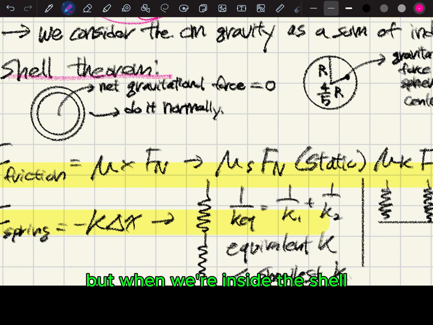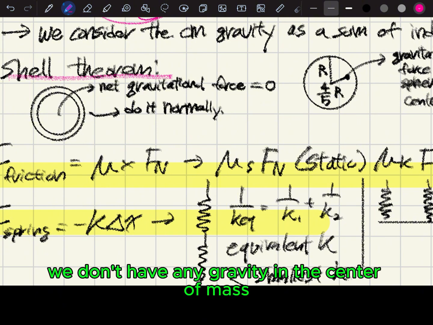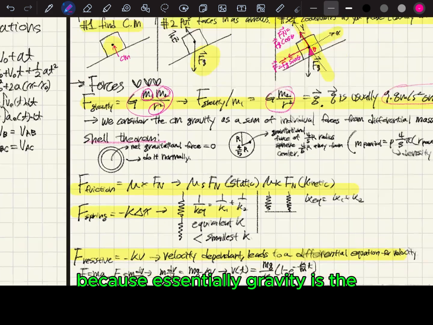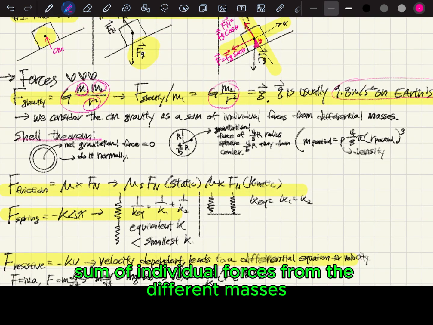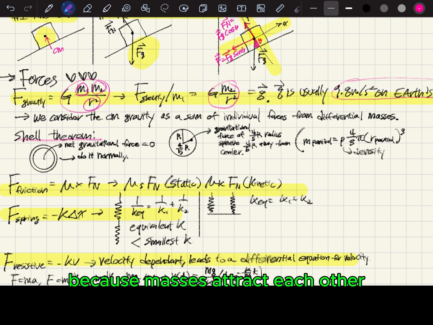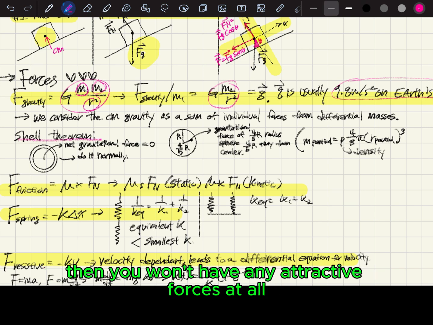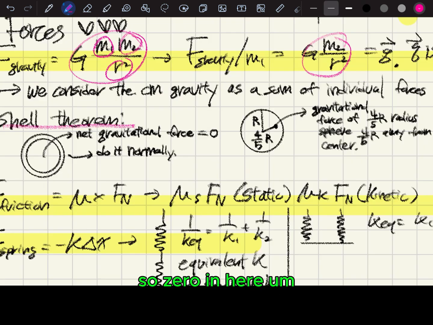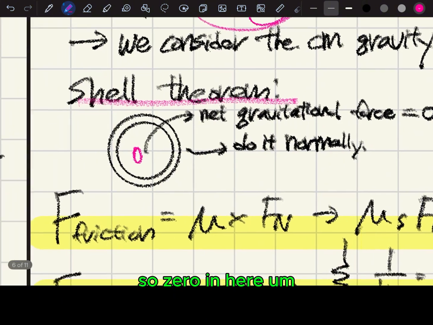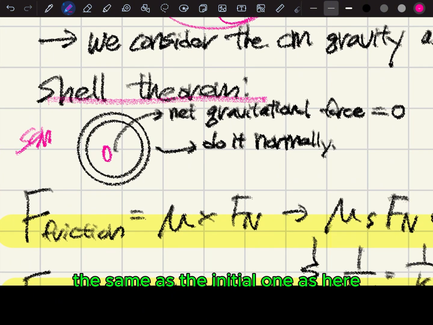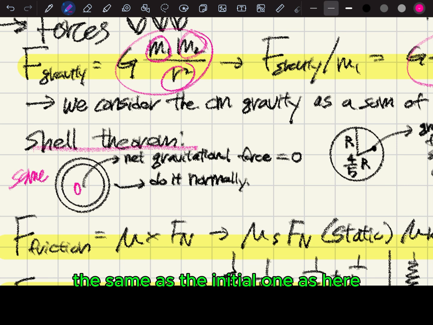But when we're inside the shell, we don't have any gravity in the center of mass, because essentially gravity is the sum of individual forces from the different masses, because masses attract each other. That's basically gravity. So when you don't have any mass in the center of mass, then you won't have any attractive forces at all. So 0 in here, the same as the initial one as here. We just pretend that we do have a center of mass when we're outside of the ball. I mean planet, but still.